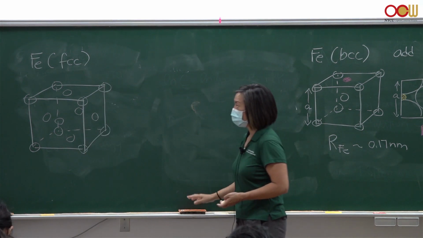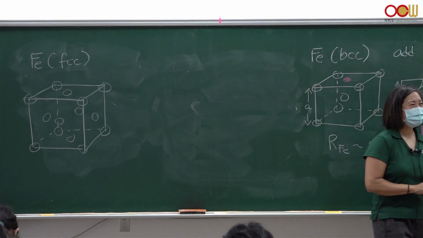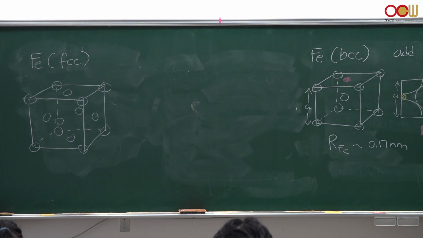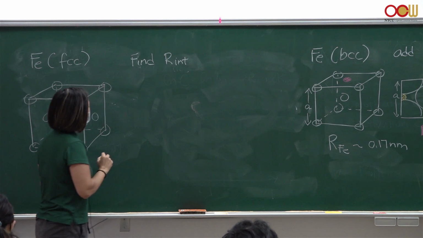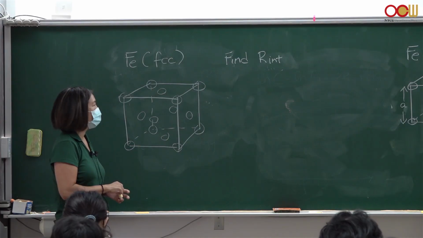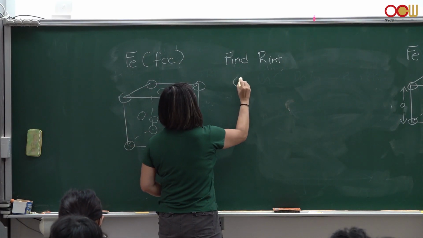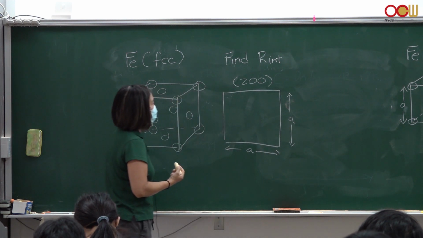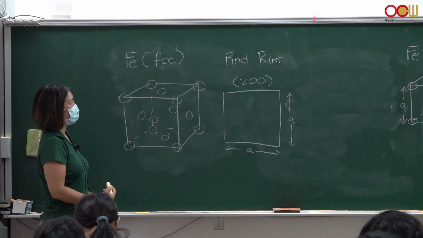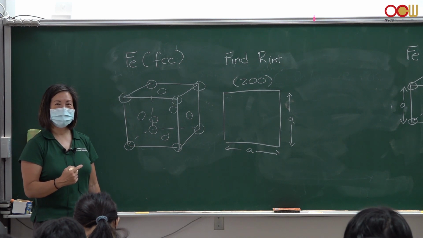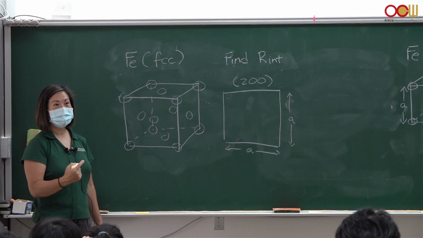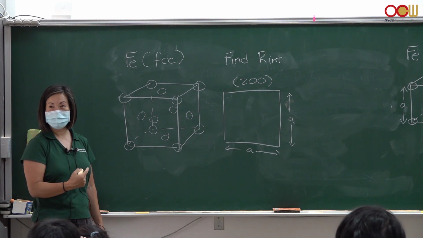Okay. So can you figure out what's the size of the interstitial site if it were in the body-centered position of a FCC? So find it for this structure. So this is how I would start. I would look at the 200 plane. Does anyone remember where the 200 plane would be? 0 and 0 means it's parallel to the y and the z.